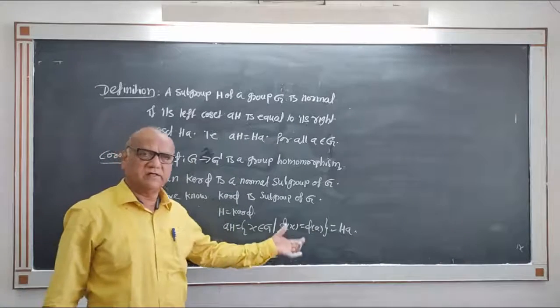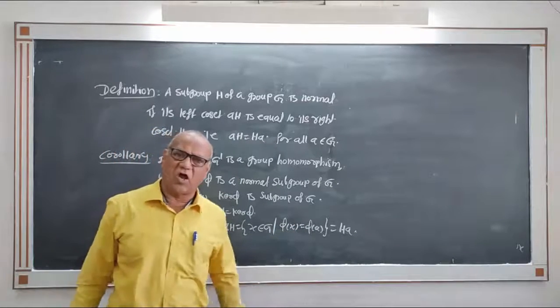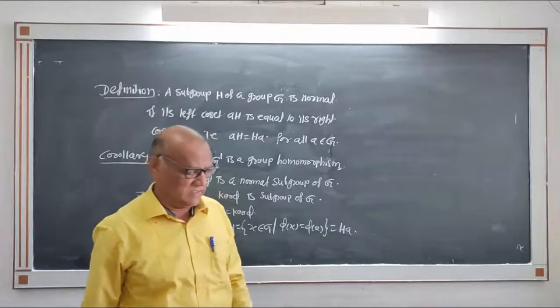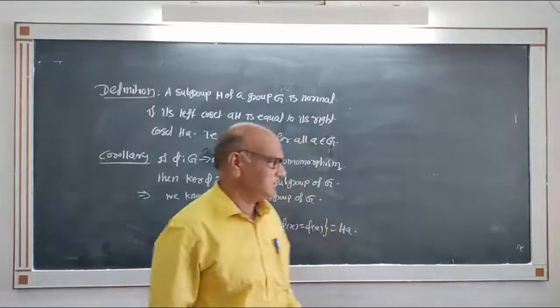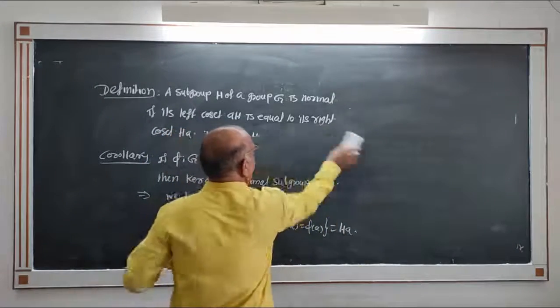And so kernel phi is a normal subgroup of G.